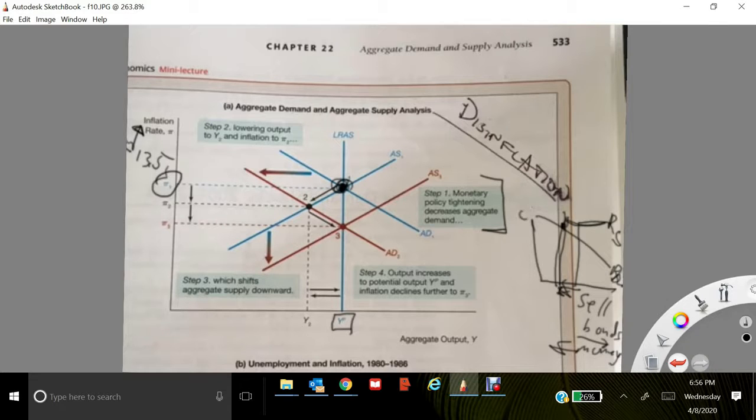The nominal rate, remember the federal funds rate is a nominal rate, but that's okay because we know that the nominal rate equals the real rate plus the inflation rate, right?